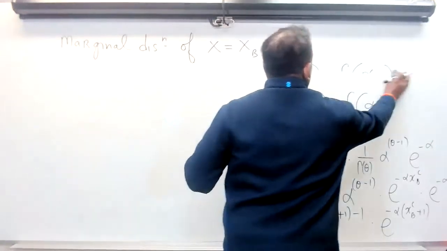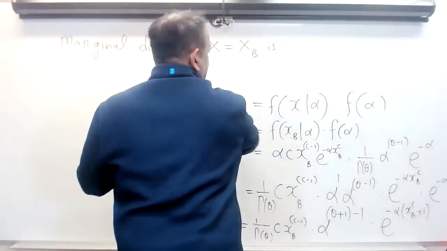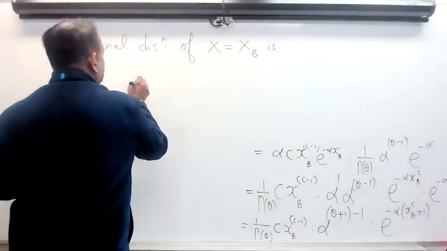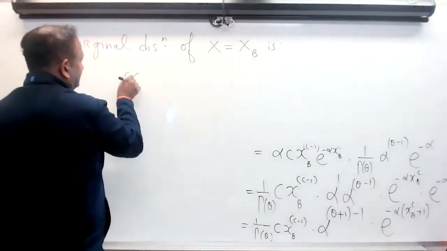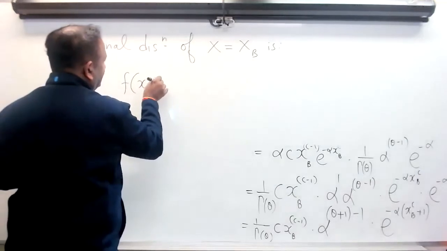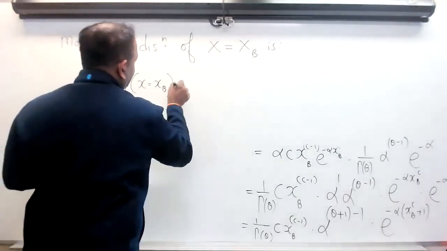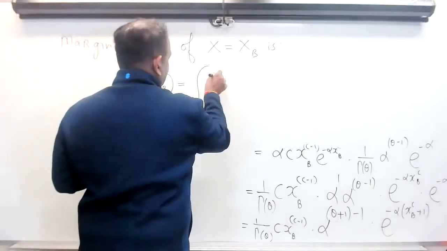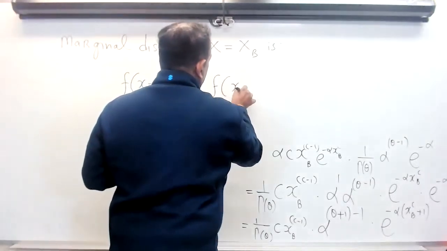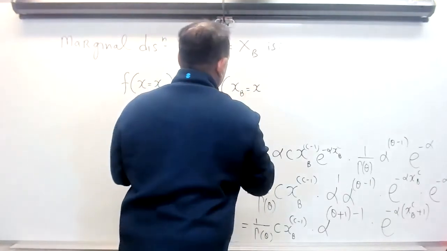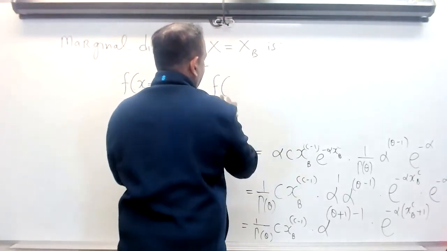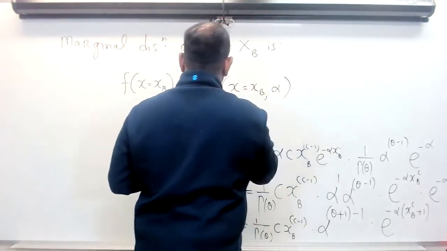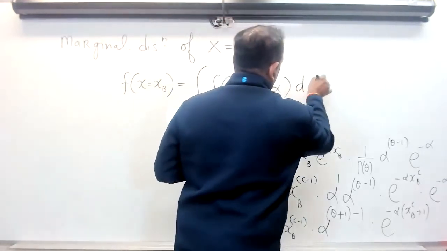That's nothing but the integration of f of xb equals x, so x equals xb, comma alpha, integrated with respect to alpha.